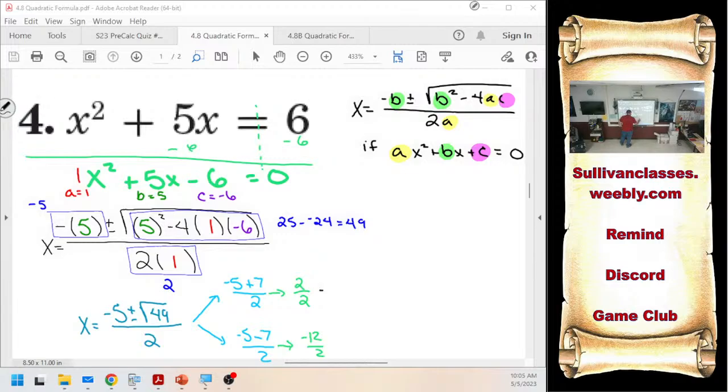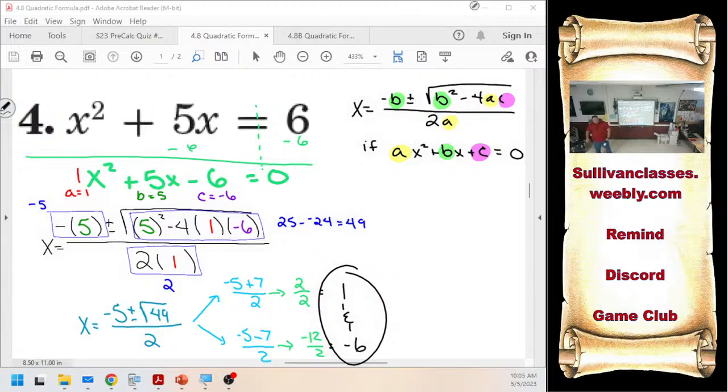And finally, simplify both of those. 2 divided by 2 is? Uno. Negative 12 divided by 2 is? Negative 6. Those are my answers: 1 and negative 6.